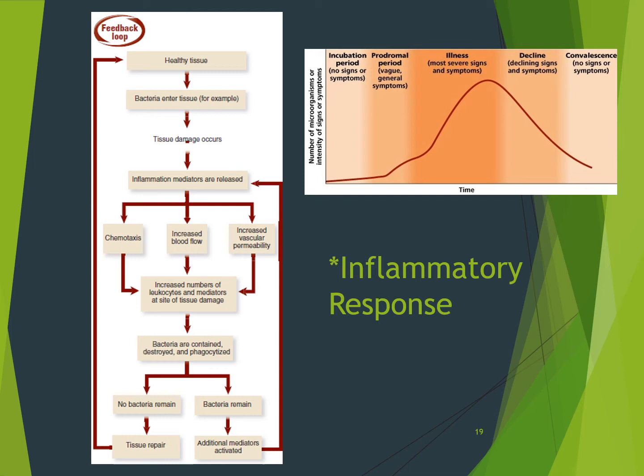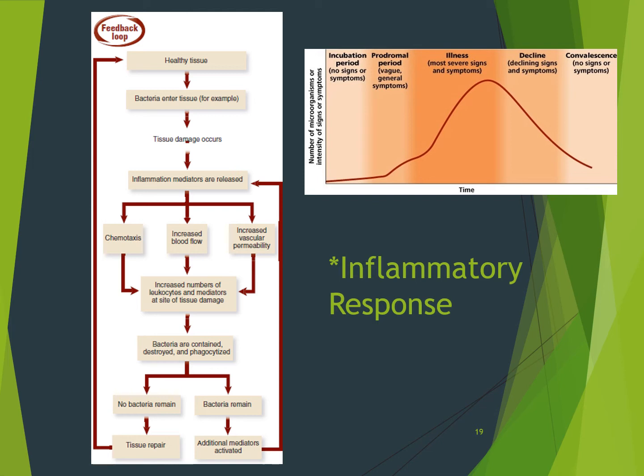So there's going to be increased vascular permeability, and what that means is that we want those white blood cells and those chemicals to be able to get out and into the tissues and do what they need to do. So they're going to become more permeable. There's going to be an increase of white blood cells at the site so that they can start fixing things, all right?